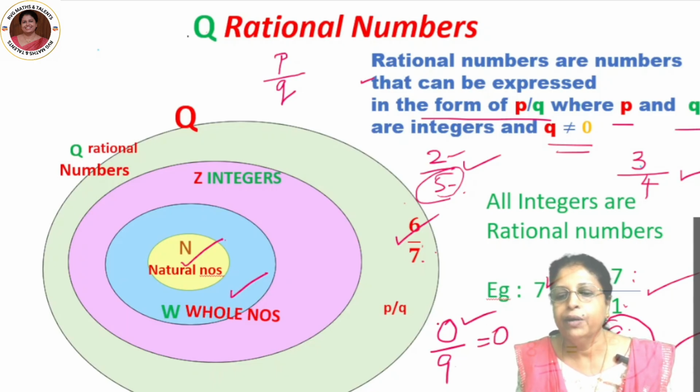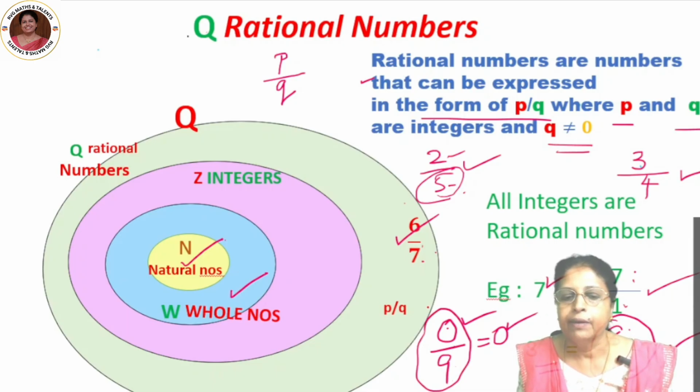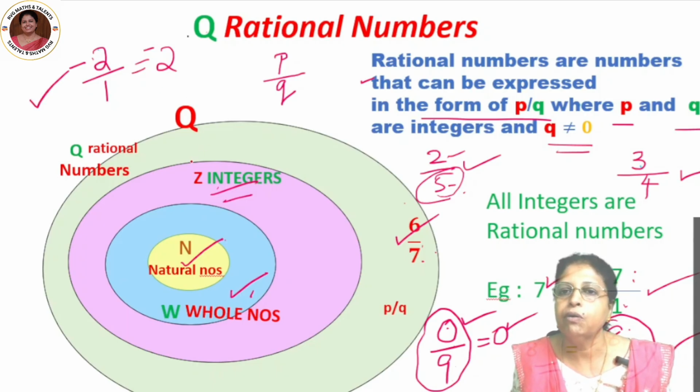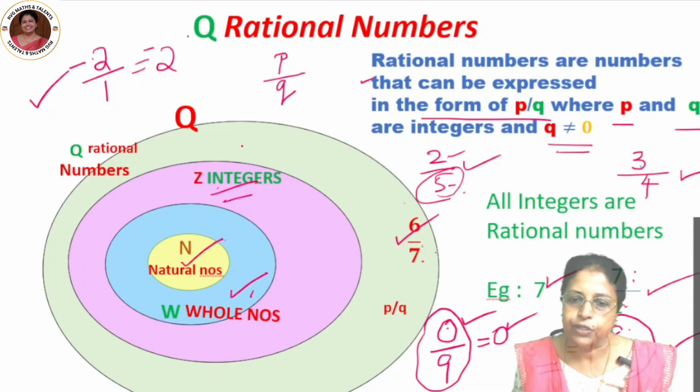That means 0 can be expressed in the form p upon q. That means whole numbers are rational numbers. And what about integers? That's also a rational number. For example, if you take -2, you can write -2 upon 1. That is equal to -2. That means -2 is also a rational number. Okay. That means all integers are rational numbers.